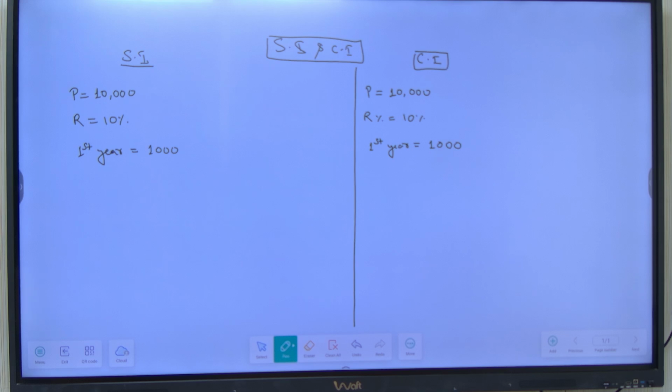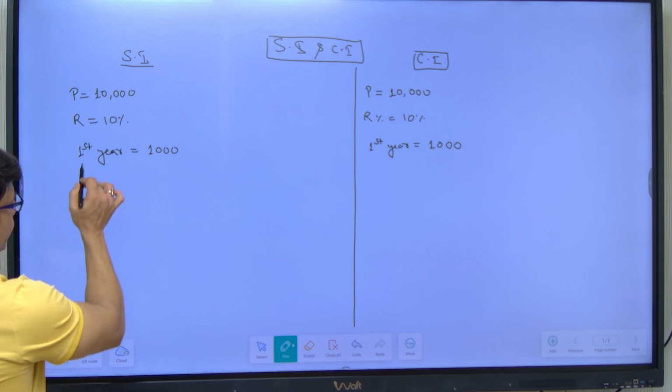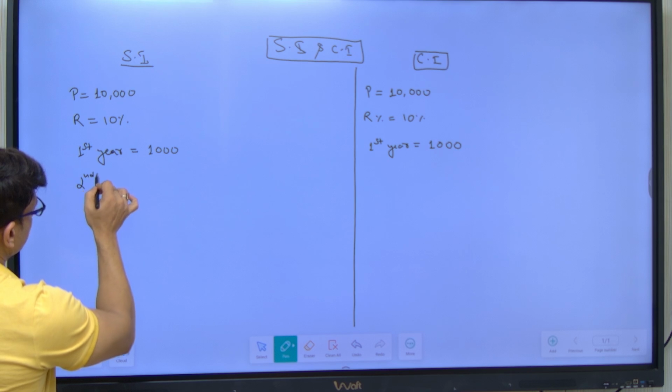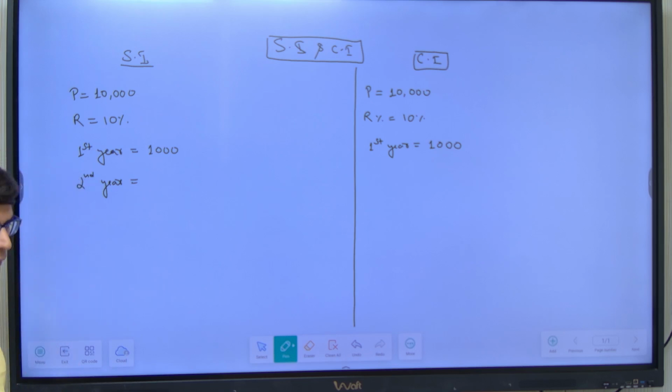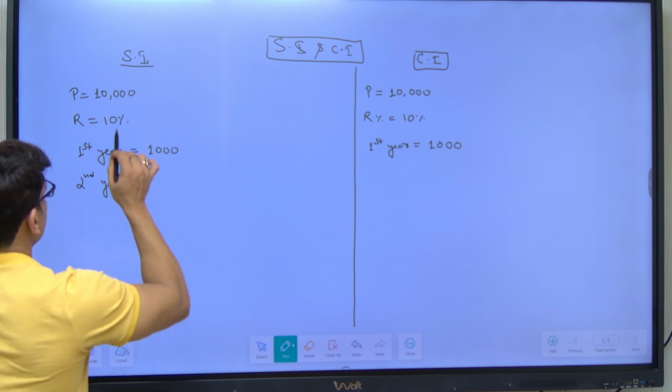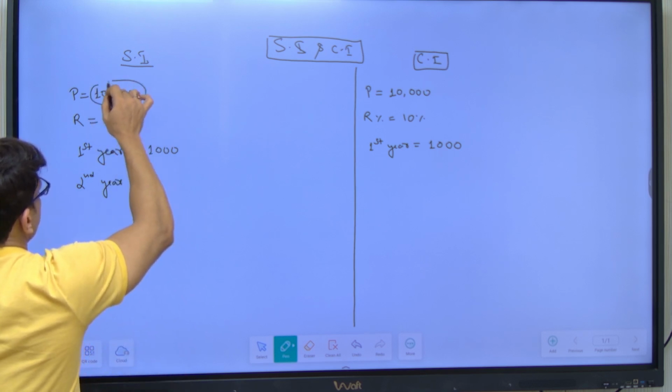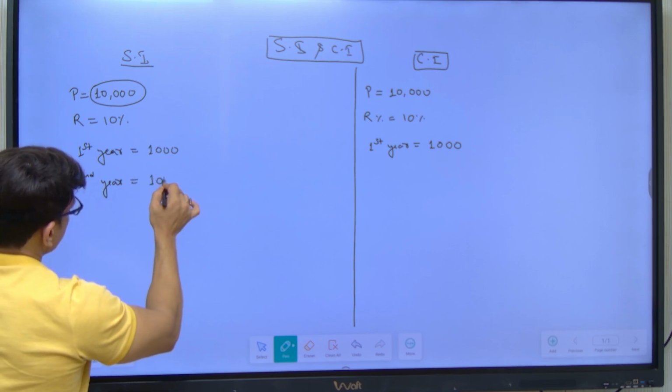Now, next year, when you go to the simple interest bank, since you have not taken out your money, you kept that 1,000 rupees, the bank will tell you that we only offer interest on the principal amount. The bank will again give you 1,000 rupees only.